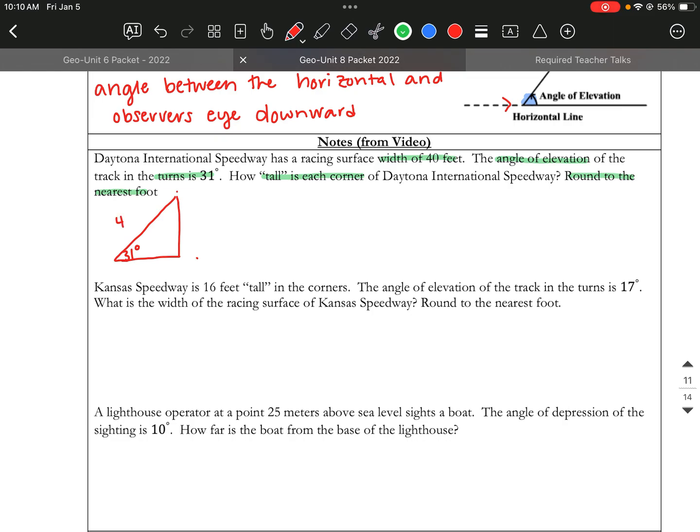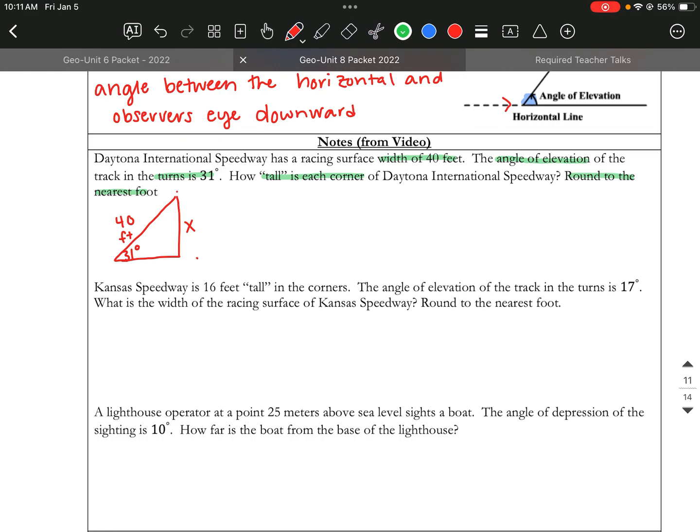So our hypotenuse is actually the width of our track, because that is the distance between the track closest to the middle and the track closest to the stands. We want to find how tall each corner is, so we want to find that height difference between the inner part and the outer part.